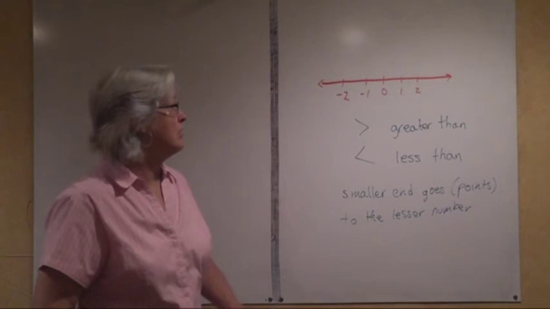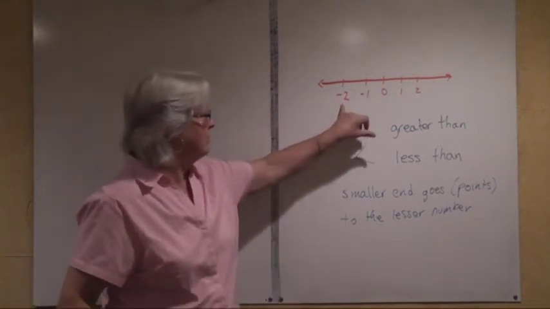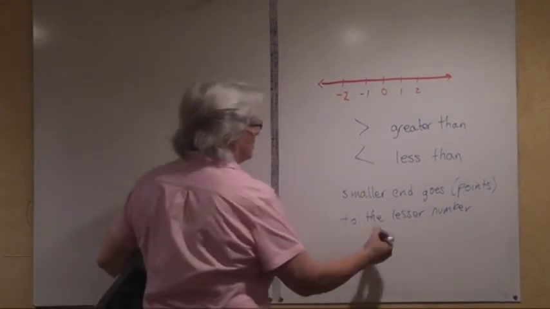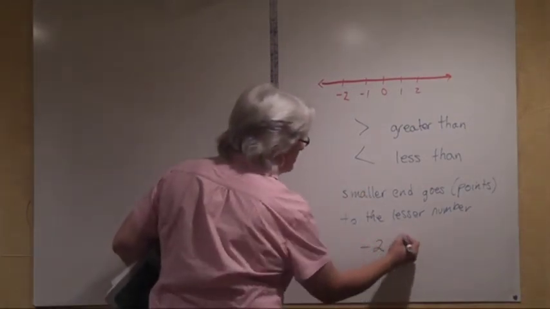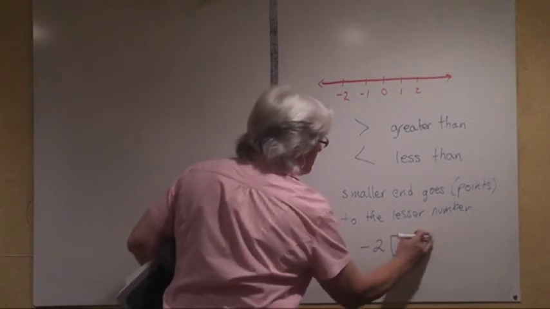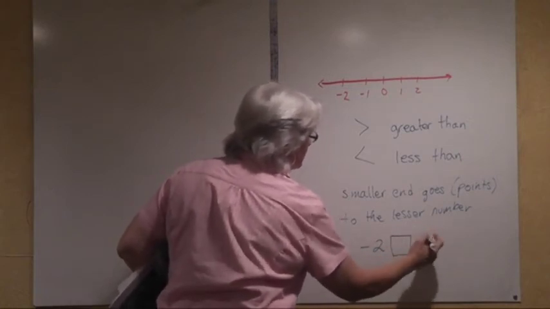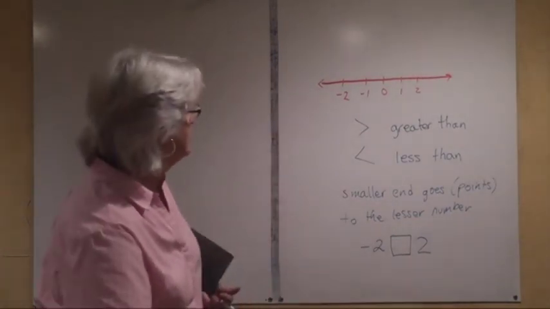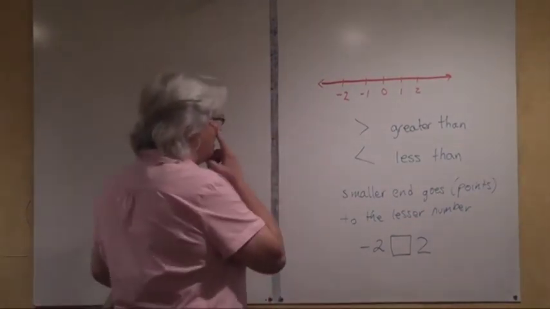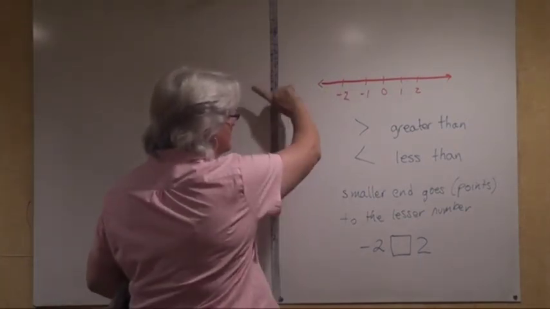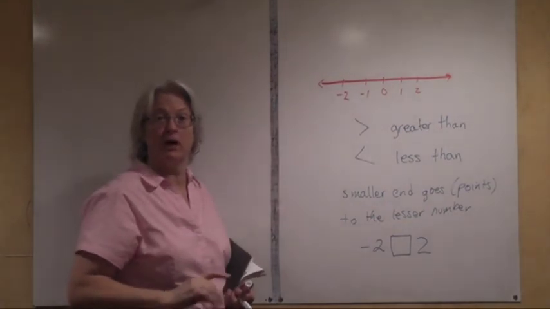So let's look at this number line, and we want to compare -2 and +2. Is -2 going to be greater than or less than +2? Well, the smaller numbers are on the left of the number line.